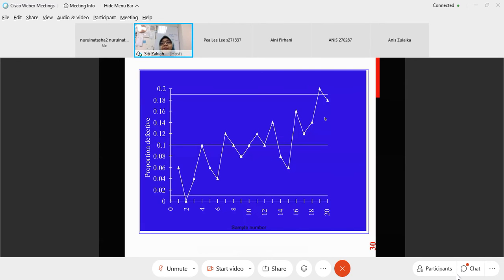Are there any that are very erratic? That means it changes unpredictably. Remember, we want it to be random. What we want to identify is non-random variation. So what do you think?